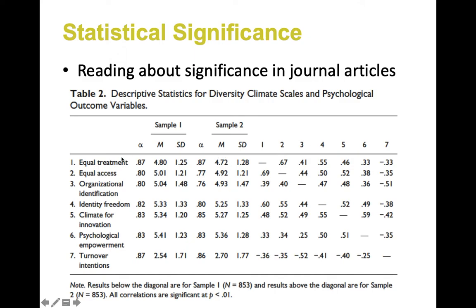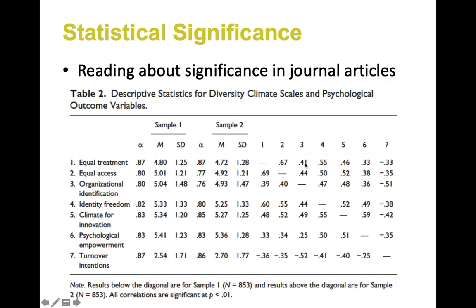So what we're looking at here in row 1 is the correlation between employees' perceptions that employees are treated equally in their company, and that correlates at 0.67 with their perceptions that employees are given equal access to opportunities in the company. So this is the correlation between variable 1 and variable 2.